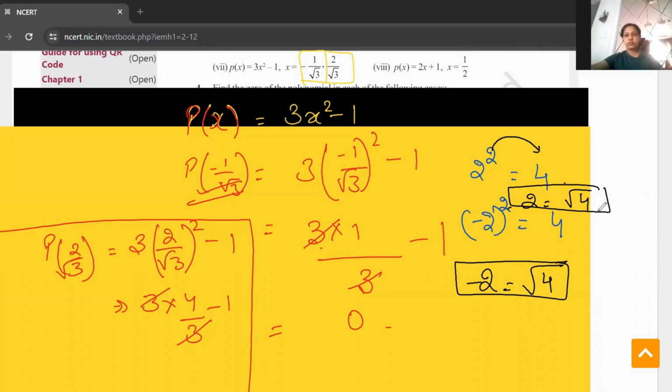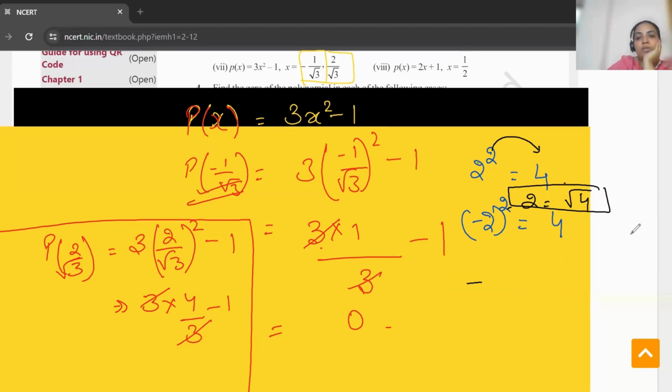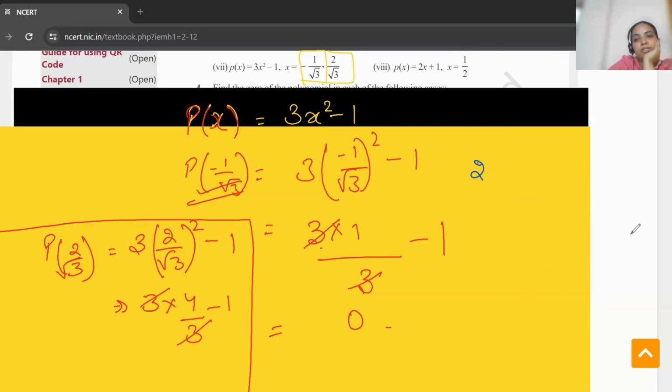So that means whenever you get roots, the answer can be positive and negative equally. Because squaring of a positive number is the same thing as squaring of a negative number. Understood or not? Yes. I'll take you to the previous screen where I got that as my answer.